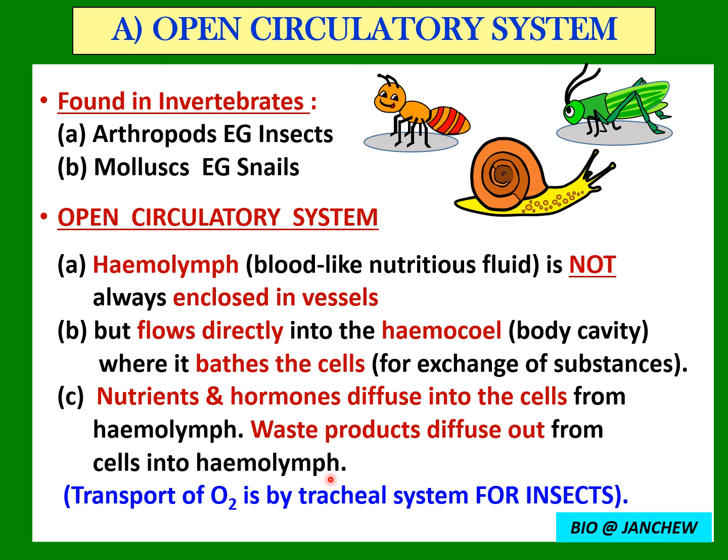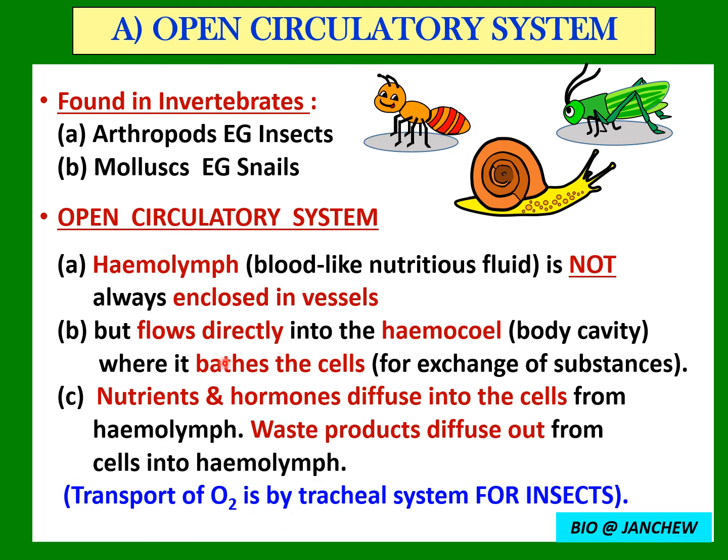And then after that, the hemolymph will flow back into the heart, okay? So the hemolymph is sometimes in the vessels, but it will not stay in the vessels all the time. It will flow out from the open-ended vessels into the hemocoel, where it bathes the cells, right?